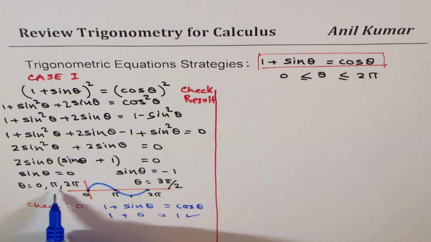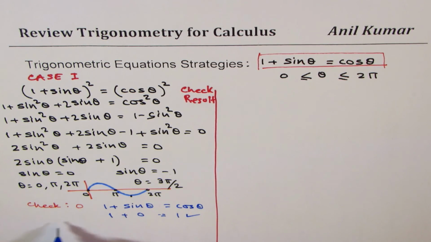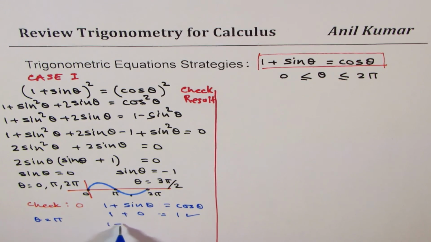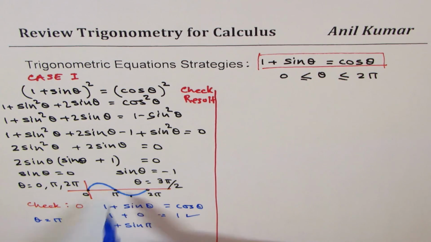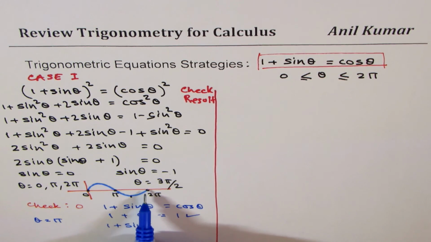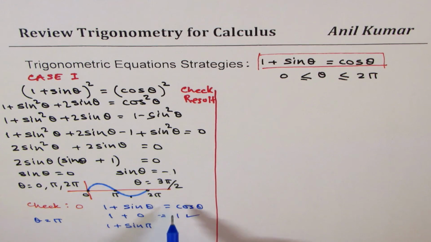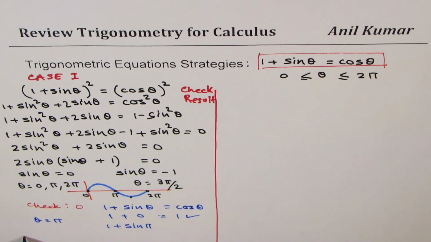Now when I substitute theta equals pi, I get 1 plus sine pi. Sine pi is 0, of course, and cos pi is what? Cos pi is minus 1, right? Cos pi is not 0. Let me sketch the graph for the cos function also.